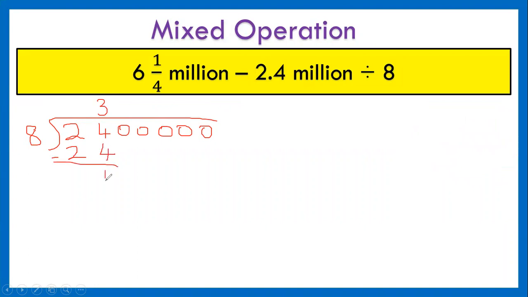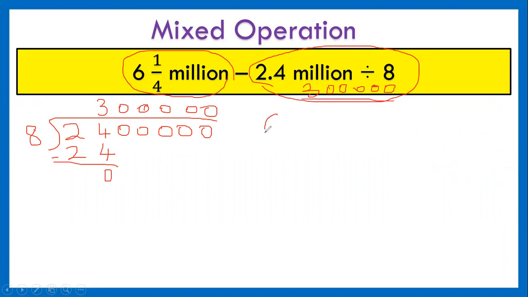So no remainder here. So all the zeros will just be carried up. Your answer is 300,000. So 2.4 million divided by 8 is 300,000. Now what do you do? You take 6.25 million and minus that 300,000.